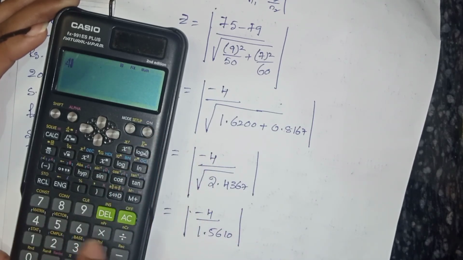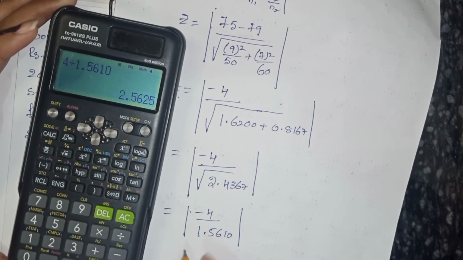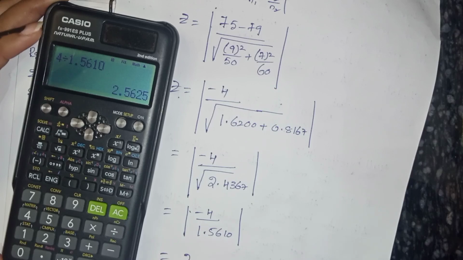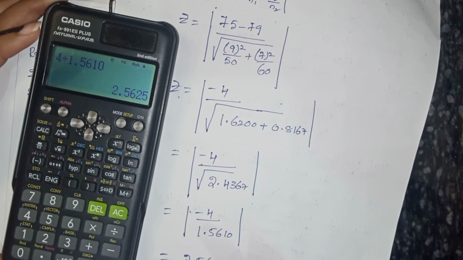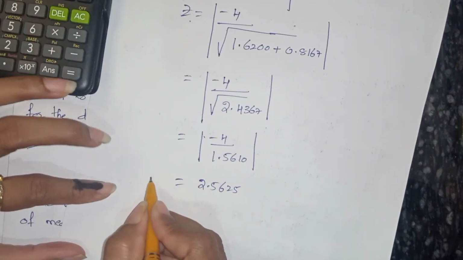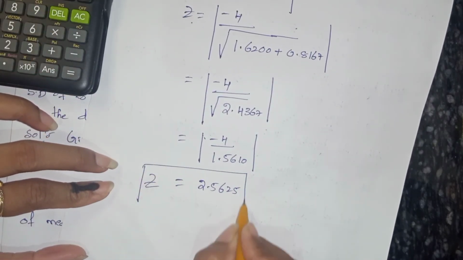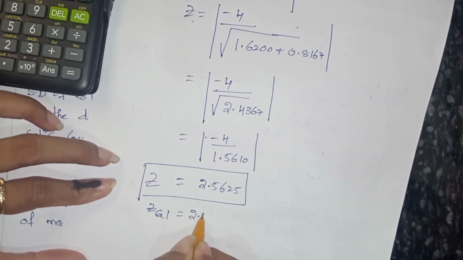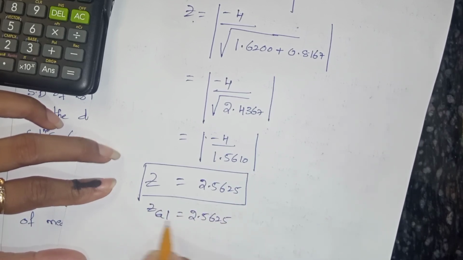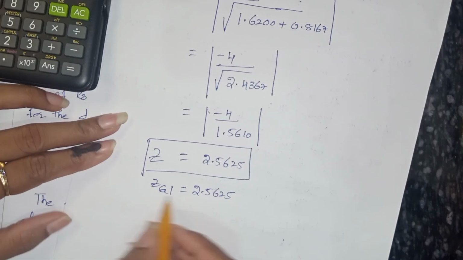So 4 divided by 1.5610 equals 2.5625. Anyway, here we are having mod, so the negative sign vanishes. So the calculated value is Z calculated equals 2.5625.